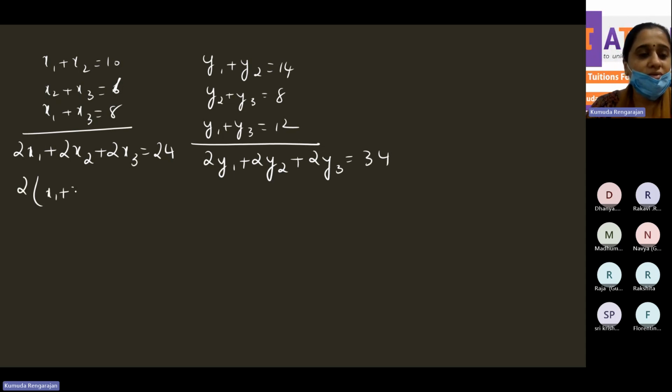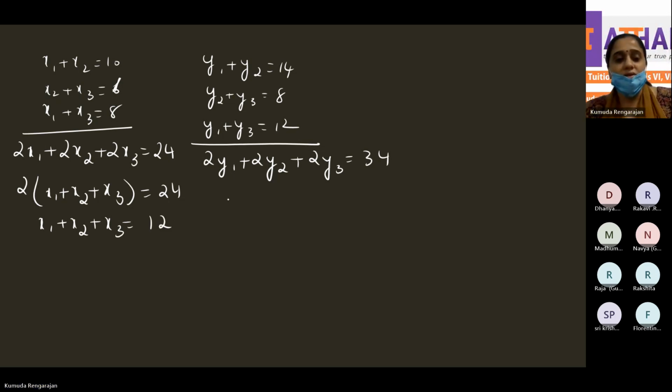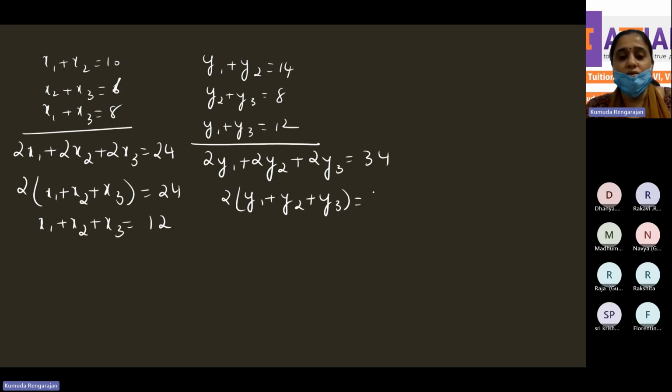So x1 plus x2 plus x3 is equal to 24 by 2, which is 12. Similarly here, 2 of (y1 plus y2 plus y3) is equal to 34, so y1 plus y2 plus y3 is equal to 34 by 2, which is 17. Correct?